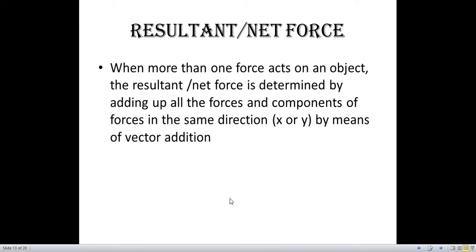What it means here is that all the components in the y-axis are going to be added together, and all the components in the x-axis are going to be added together, and that's your resultant force. It's actually all the forces and their components acting on the object. It's called a resultant force or net force.